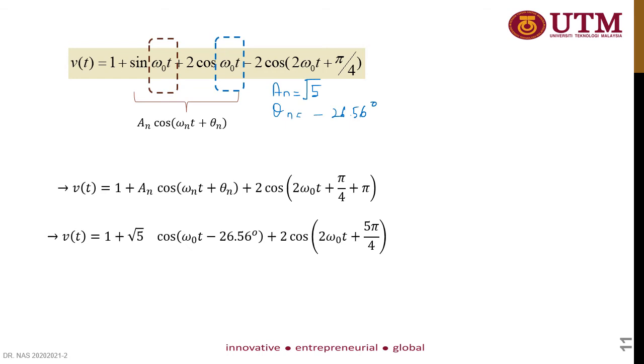It was negative, now you have changed it into positive by having positive pi phase shift. So now replace An by square root of 5 and theta n by negative 26.56.